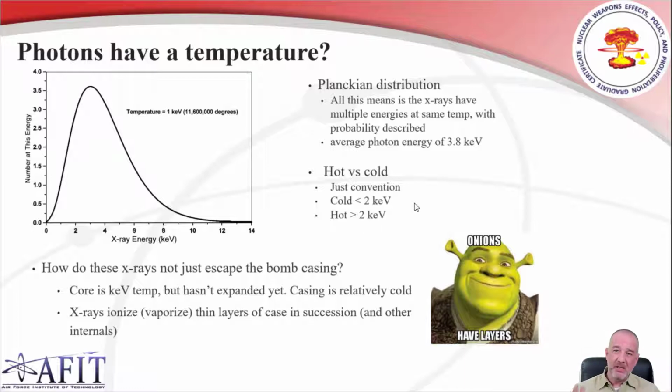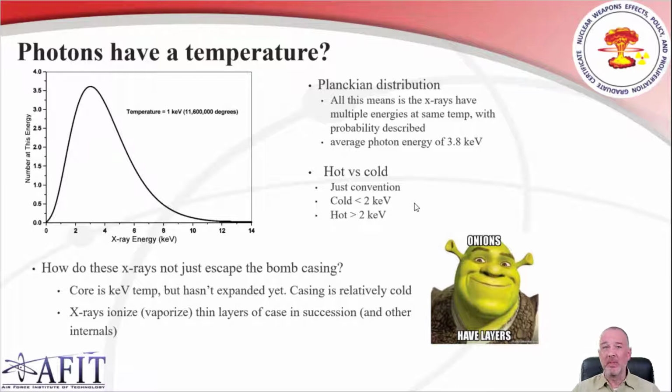We have an average energy of about 3, or a peak energy of about 3 keV. Average energy is probably closer to 4 keV, but we can go all the way to the upper end to 10 to 15 keV, although the probability of that occurring is very rare. So now we have all of these X-rays produced by our electrons, and they have a wide range of energy that fit into this distribution.